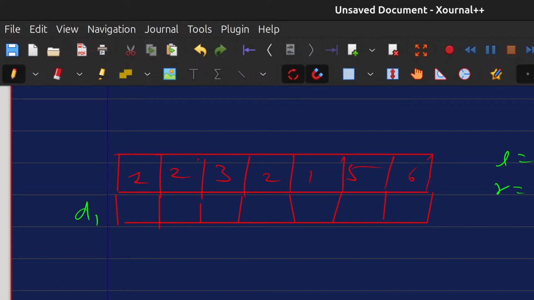Okay, now there is a for loop, right? You can see here there is a for loop here.